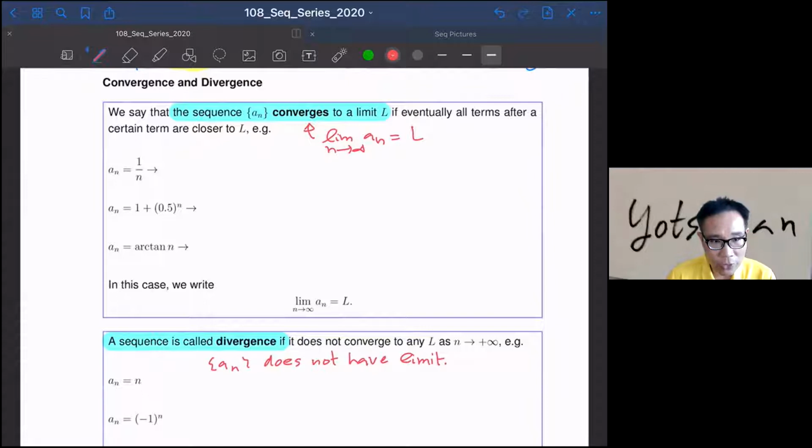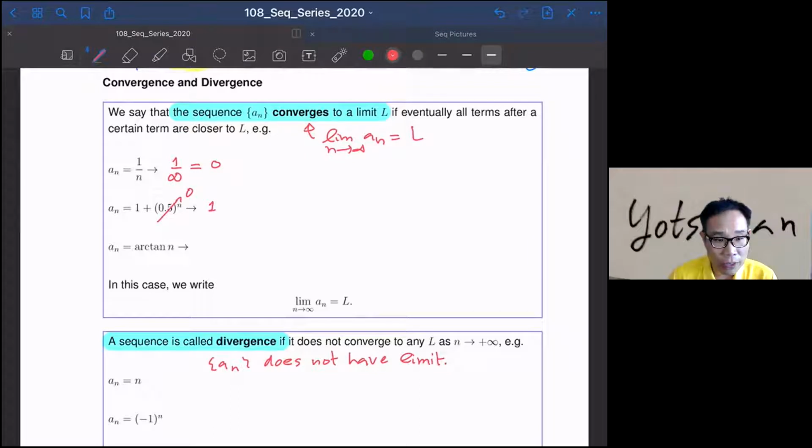So for example, a_n equal to 1 over n, when n goes to infinity, this one is going to be 1 over infinity, and it will approach 0. When you have a_n equal to 1 plus 0.5 to the n, this guy is going to approach 0, so it's going to be 1, okay?